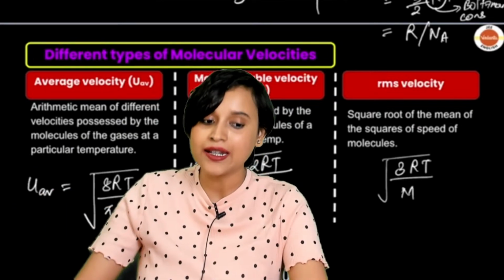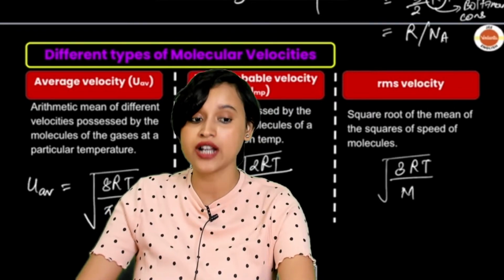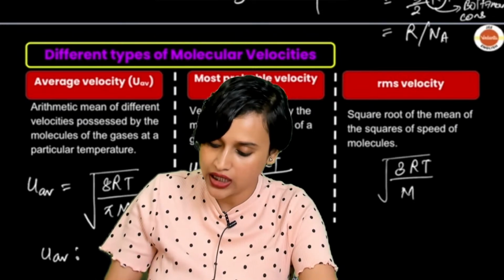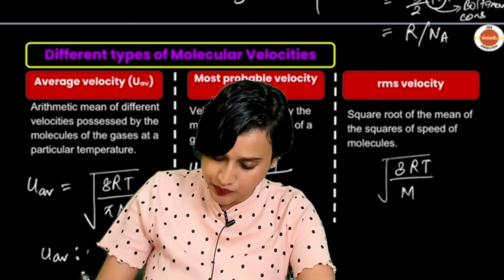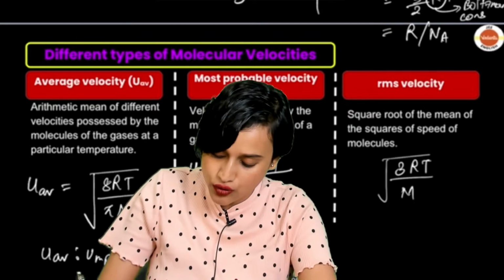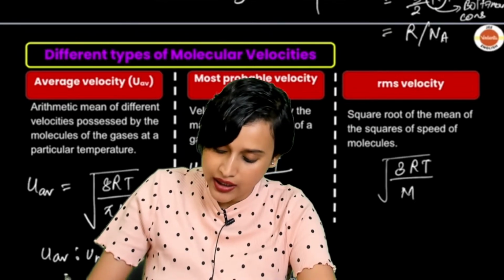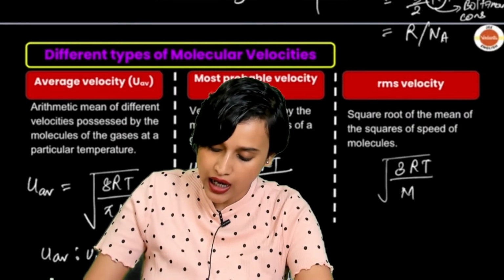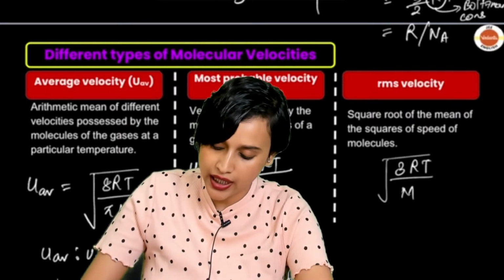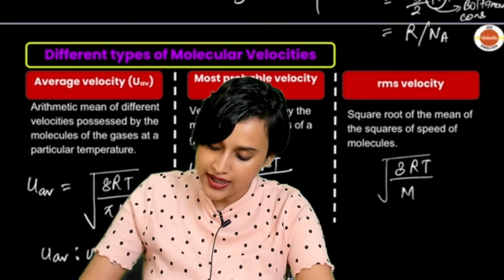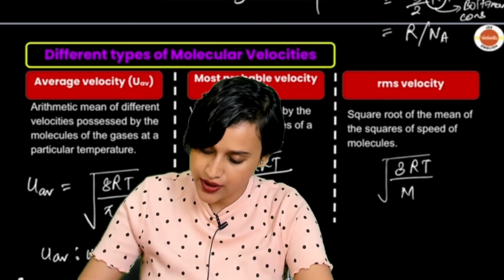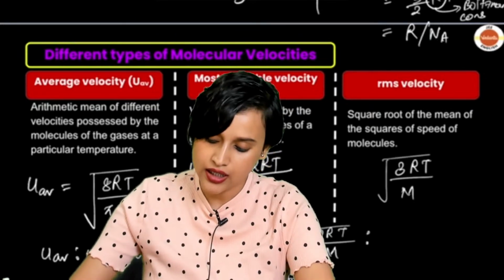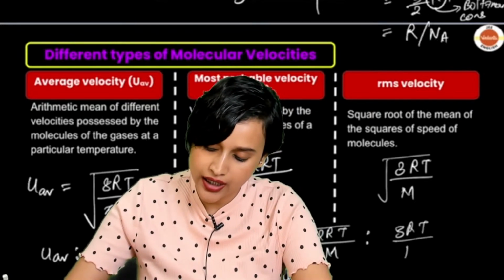Correct. That means if I have to write down the ratio, let's write that UAV is to UMP is to URMS will be equal to what? UAV is root over 8 RT divided by pi m, is to root over 2RT divided by m, is to root over 3RT divided by m.